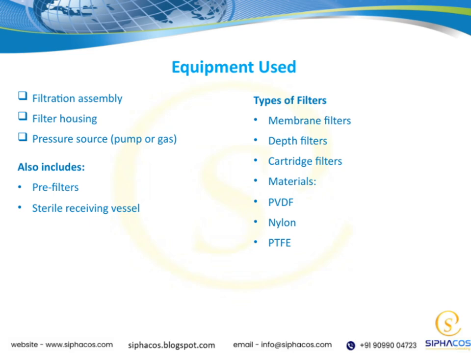In addition to the main filters, pre-filters are often employed to remove larger particles early in the process, extending the life of the main filter. Finally, the sterile receiving vessel collects the filtered fluid, ensuring it remains free from contamination. All these components work together to ensure efficient, reliable filtration, key to maintaining quality and safety in our processes.